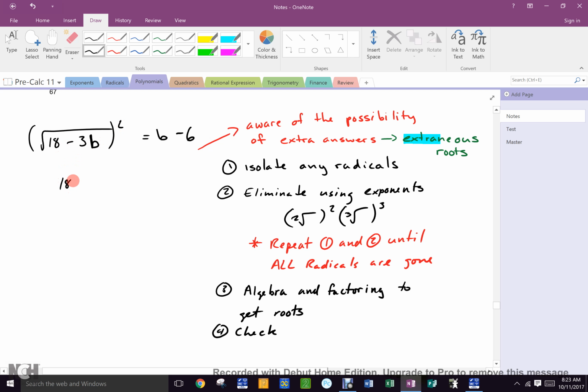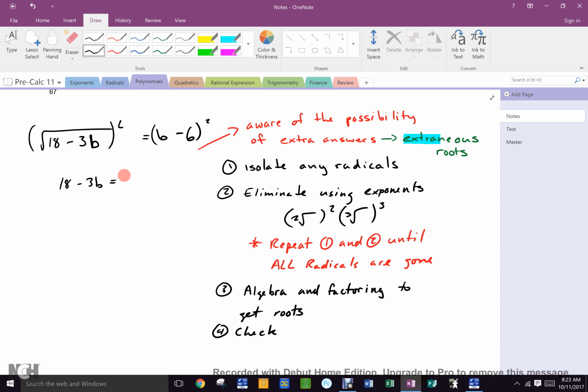So that's going to be 18 minus 3b. Now, what happens here? Is it b squared minus 36? No, what is it?